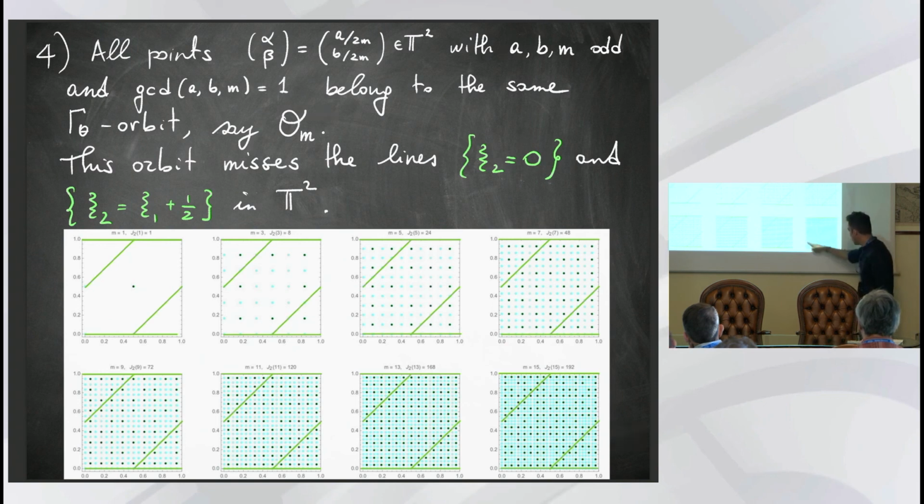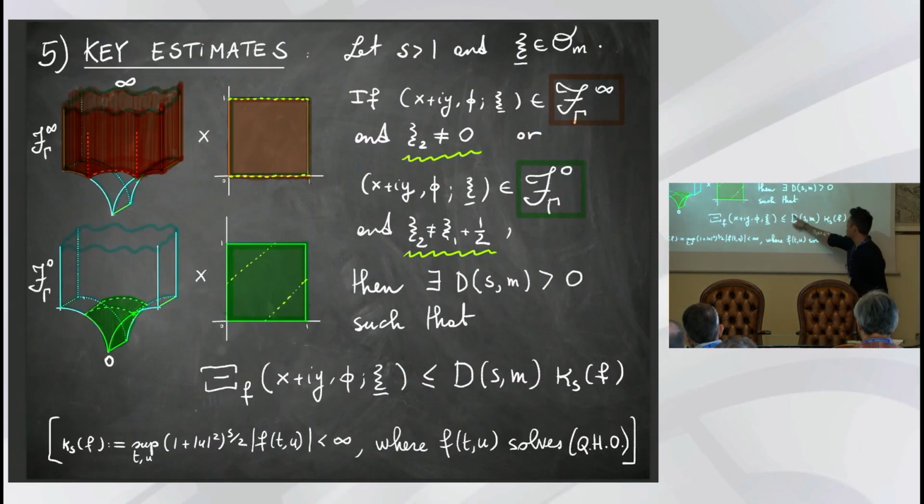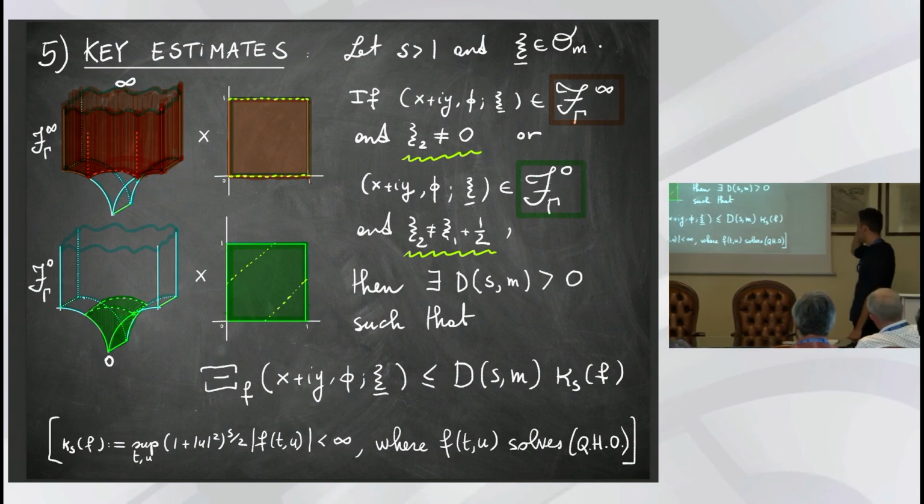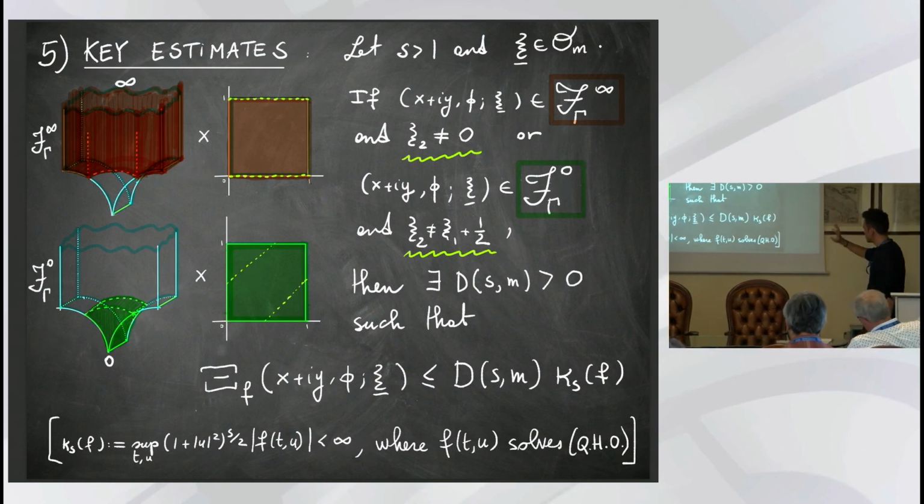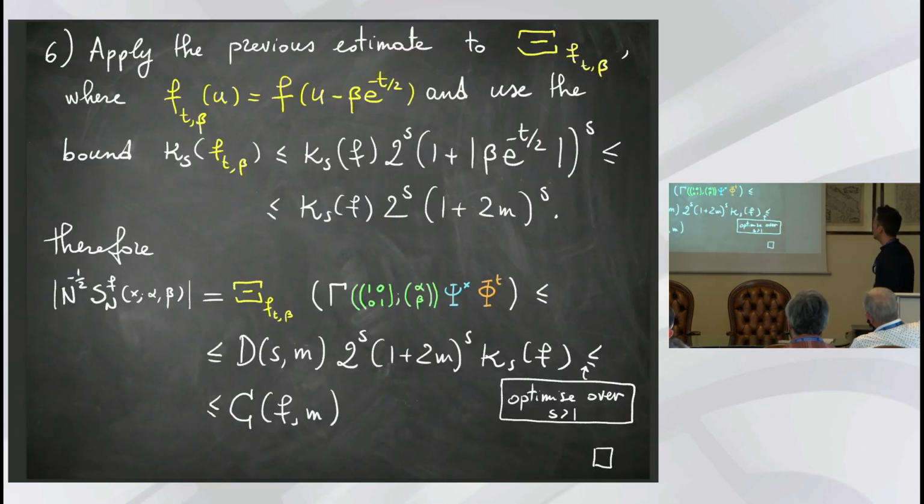And so the bound that we get, the closer you can get to these lines, the worse the bound will be. So you can think of this bound, I think this quantity will grow like m, I think. And the dependence upon S is also very interesting for a number of theoretical reasons. The Riemann zeta function or Hurwitz zeta function are involved, but I don't want to go into that.